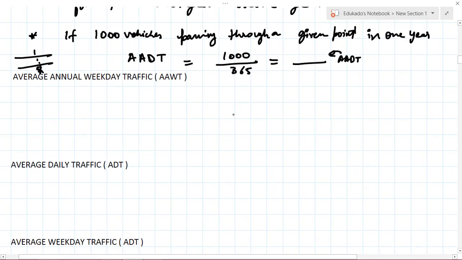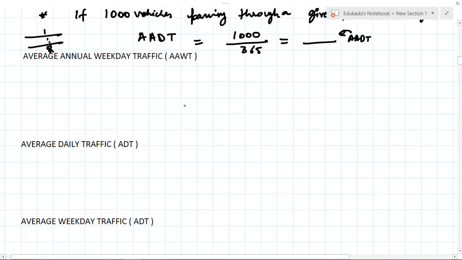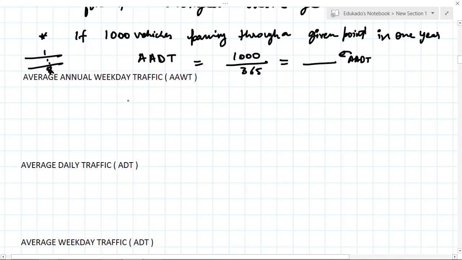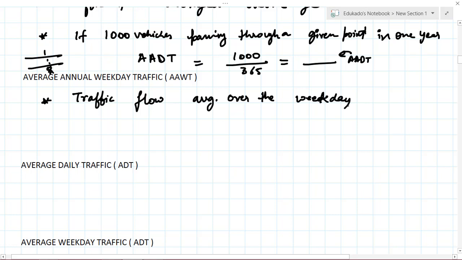Another one is the average annual weekday traffic. Let's write about it. It's traffic flow averaged over the weekdays alone.